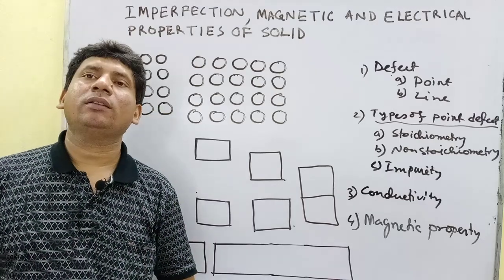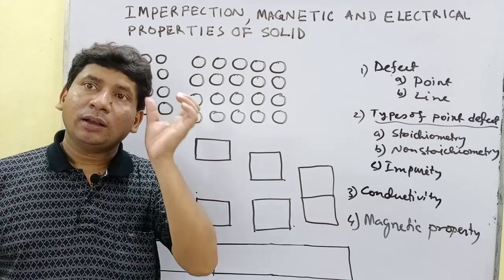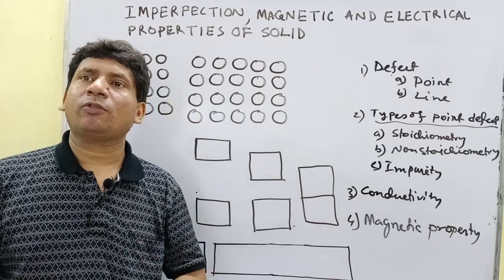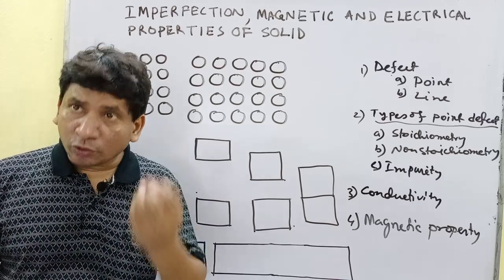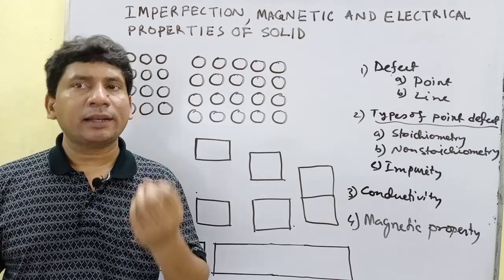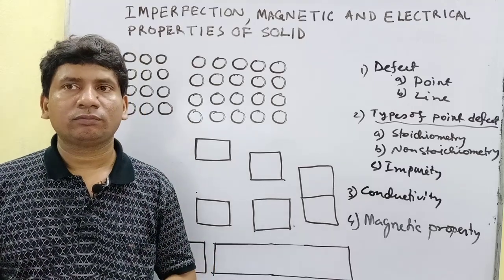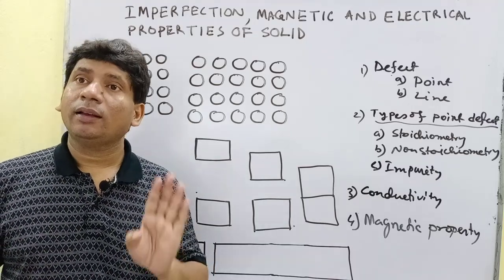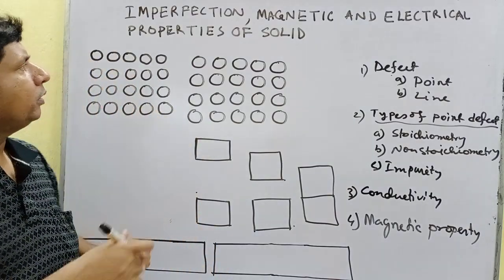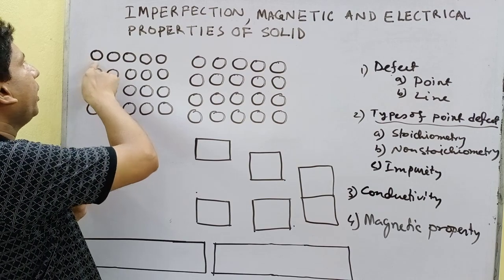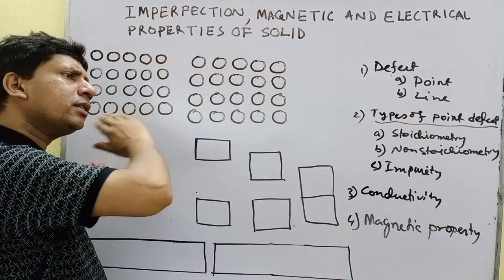The imperfection in solids is any departure from the perfectly ordered arrangement of constituent particles in a crystal, which is called imperfection or defects. So what is this? Any departure from, that is, A B B A B B A, this is the ordered structure.